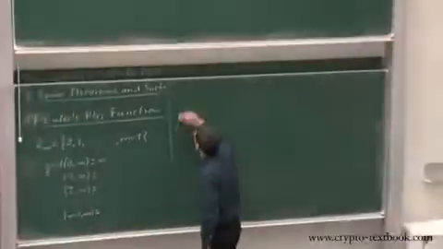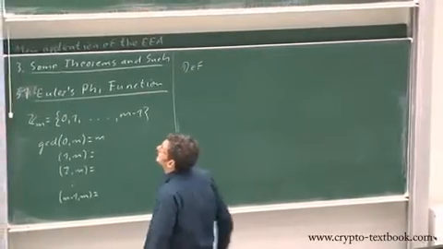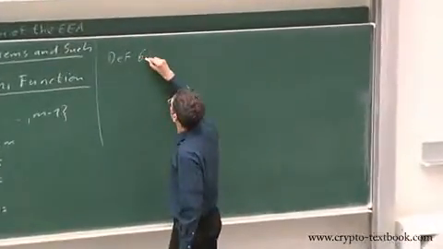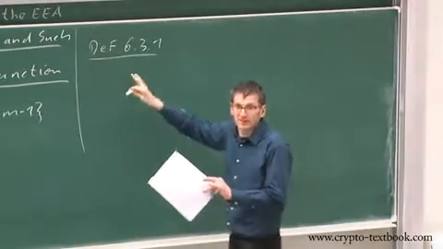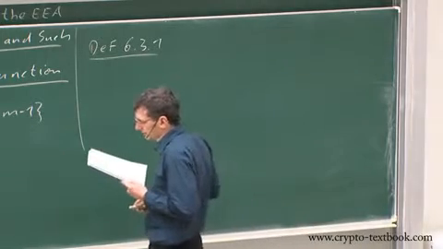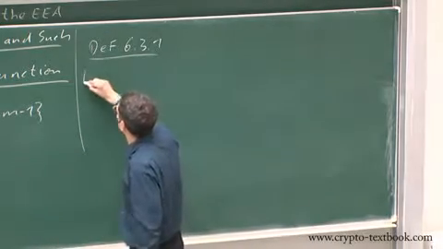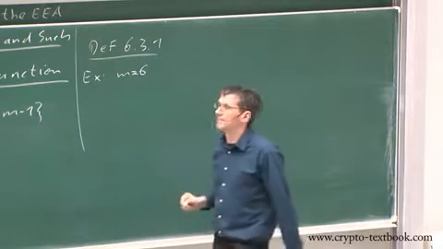Okay, so what you need at this point is a definition, which is definition 6.3.1 from the book. I'm not going to write that down here at this point, right? It's on the wall and you all have the book. But let's look at an example. Let's look at m equals 6.